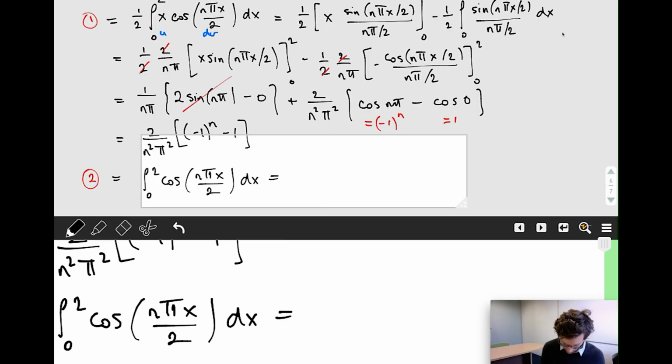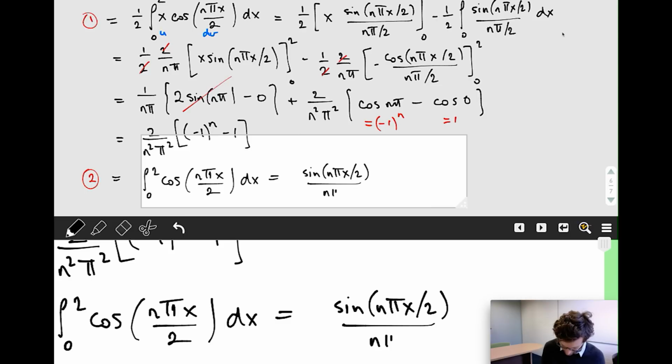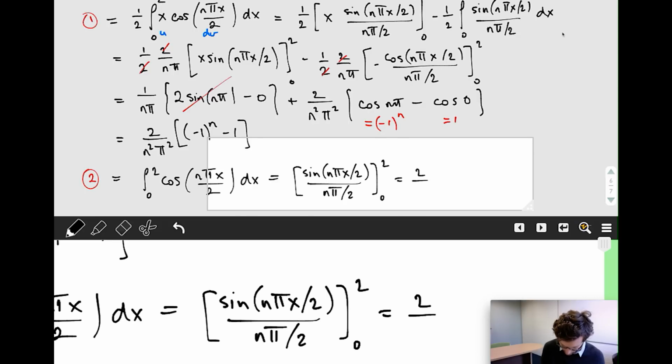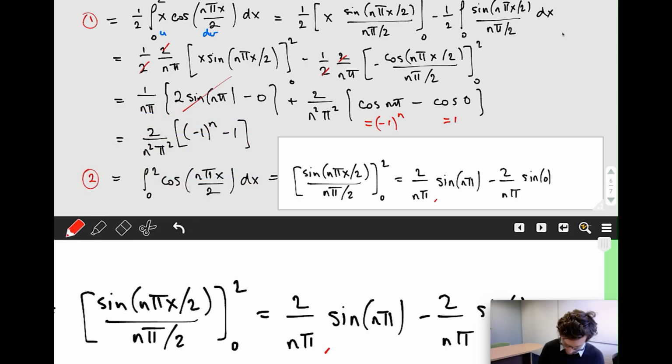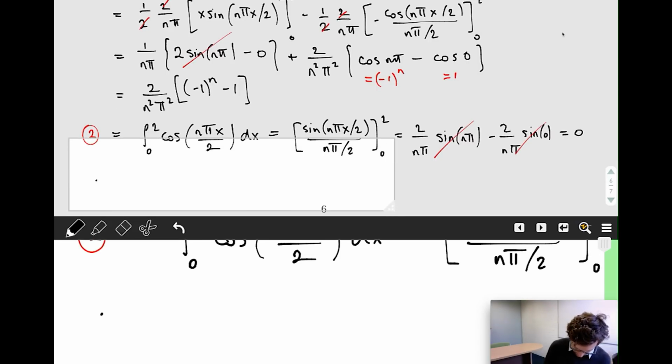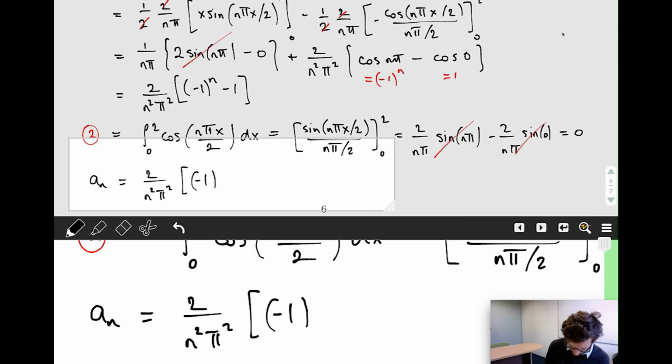We're going to get sine n pi x divided by 2 all over n pi divided by 2 from 0 to 2. So that's going to give me 2 over n pi sine n pi minus 2 over n pi sine of 0. So both of these are 0. So I get that second integral is equal to 0. So I finally have that an is equal to 2 over n squared pi squared minus 1 to the power of n minus 1.